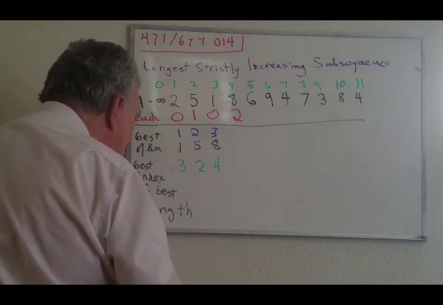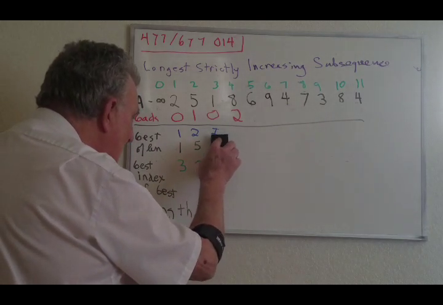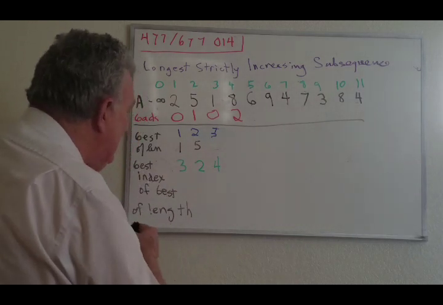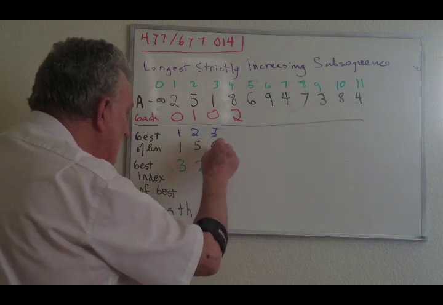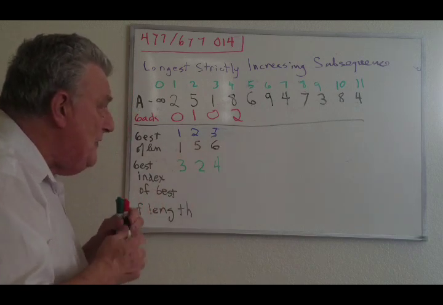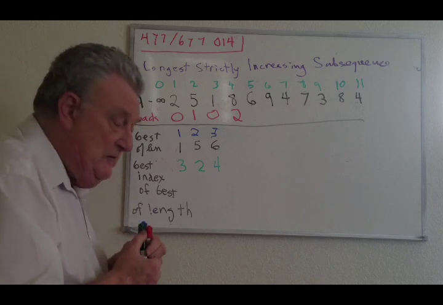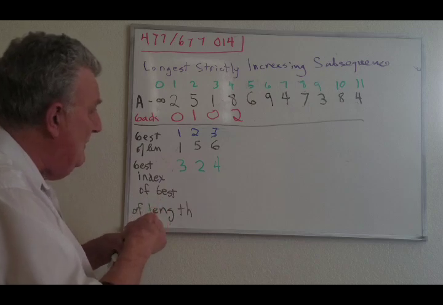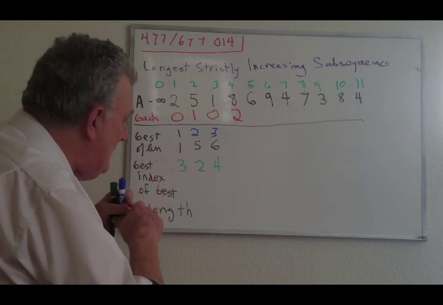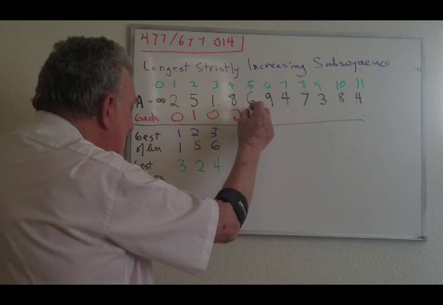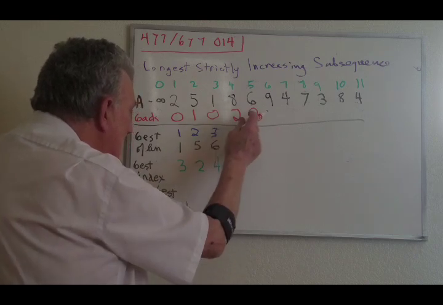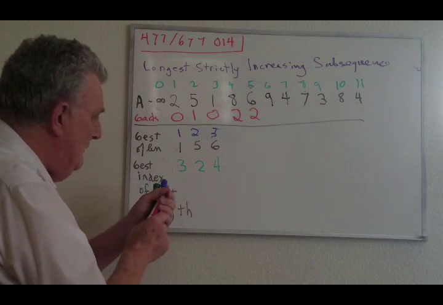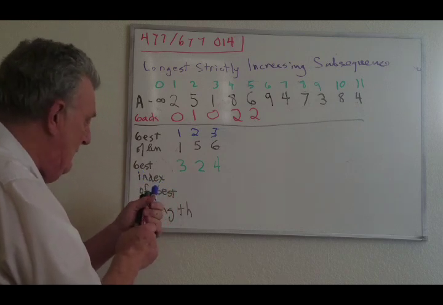Now, that means that this number is replaced by the 6, because 6 is a better choice than 8, because it's smaller and allows more possibilities. We will see later why it was a better choice. So that means the back pointer to 6 is now 5, which is in position 2. And we still don't have any subsequence of length 4.